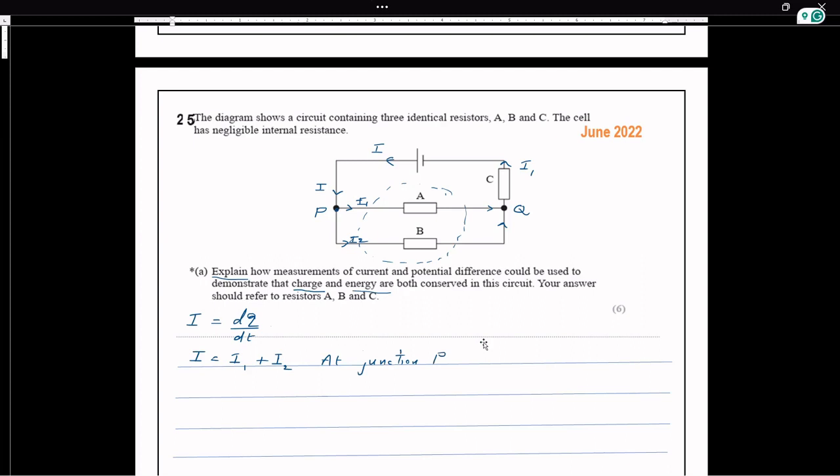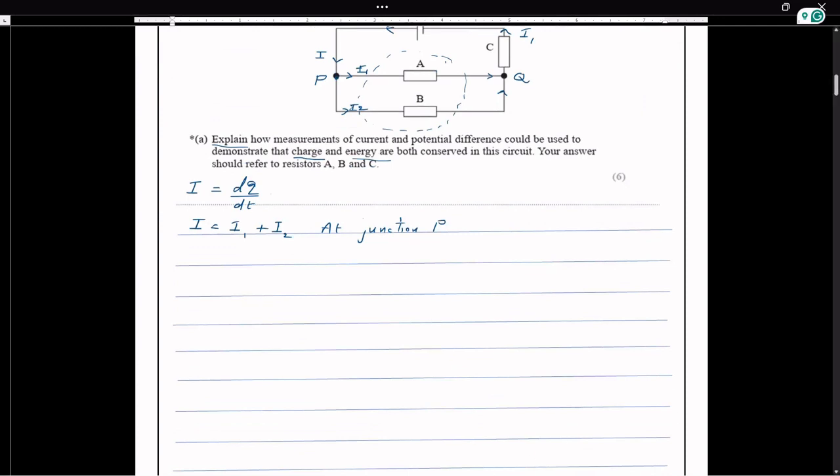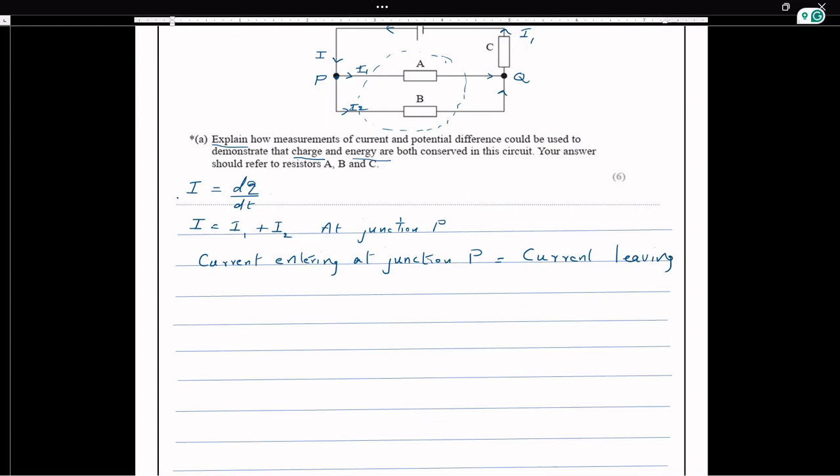That means the current entering at junction P is equal to the current leaving junction P.